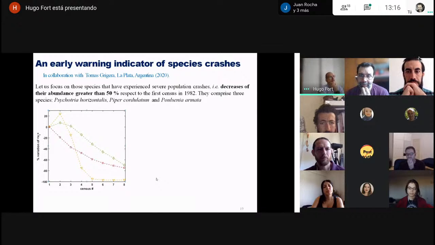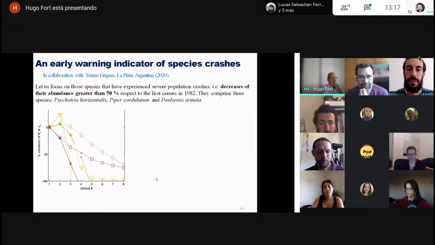And well, since we know that the interspecific interactions are much more important in this community than the intraspecific ones, we thought, what if we look at these intraspecific competition terms? And it is very interesting what we got.